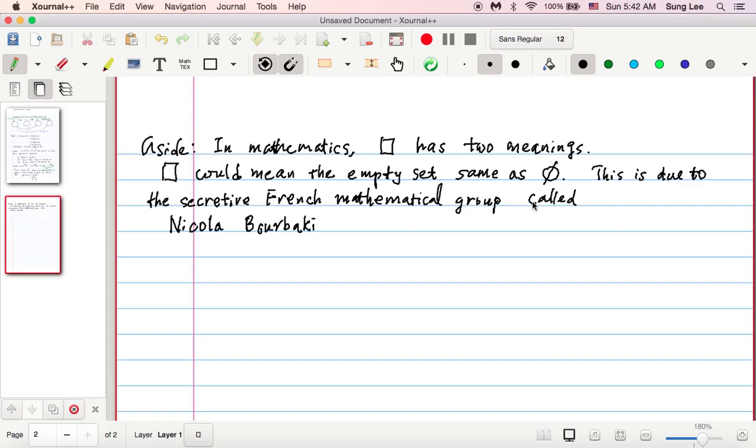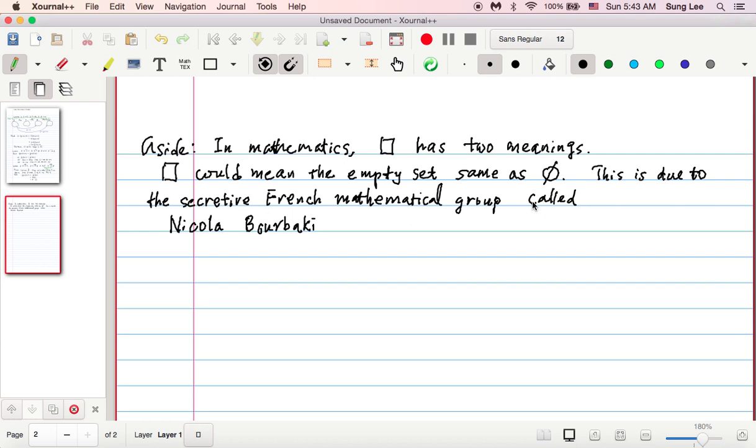But in this case, Nicolas Bourbaki is not inclusive. You have to be really prestigious mathematicians to be a member. There are so many interesting stories about Nicolas Bourbaki, so I would rather not delve into that.